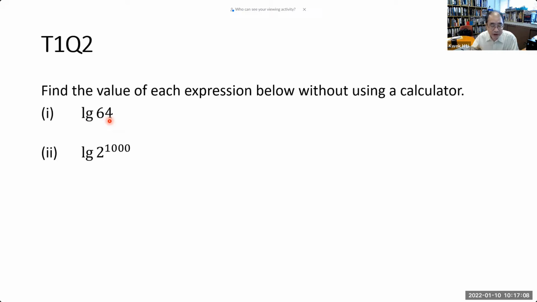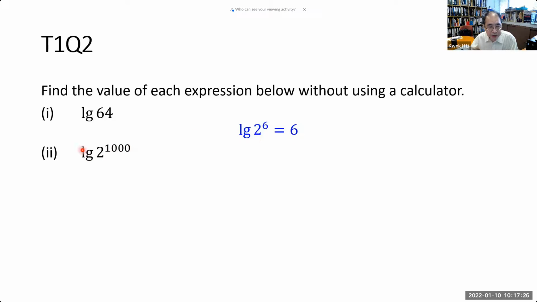Log means to get the exponent. The exponent is 6, so the answer is 6.